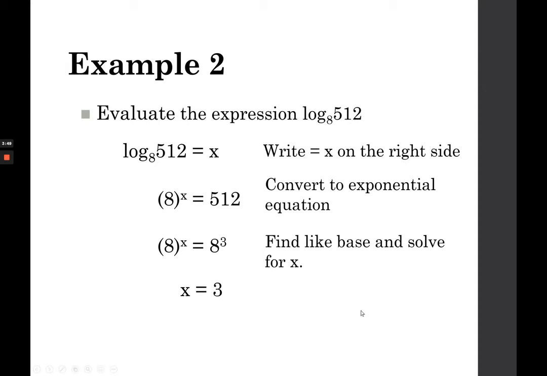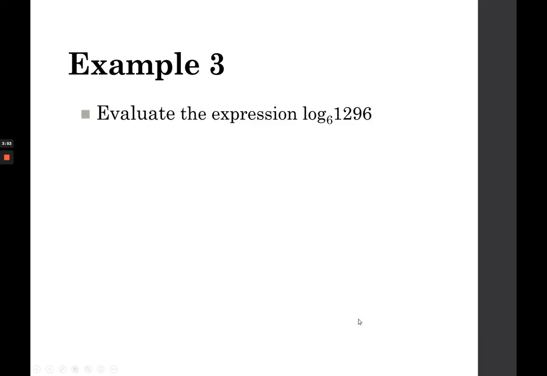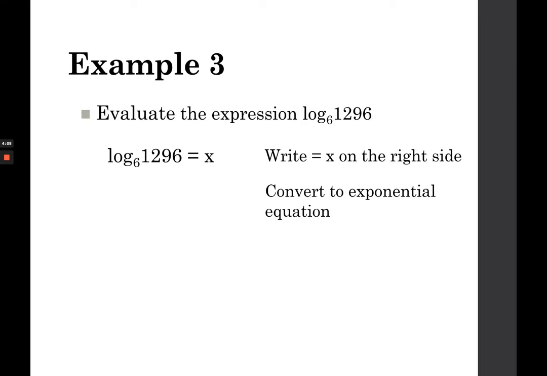Looks easy, right? There's more examples. Let's have number 3. Evaluate the expression logarithm base 6 of 1296. I know the number is quite big, but let's just do it. Write equal x on the right side, convert to exponential equation. It should be 6 raised to x is equal to 1296.